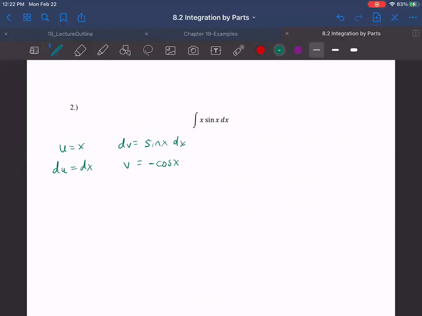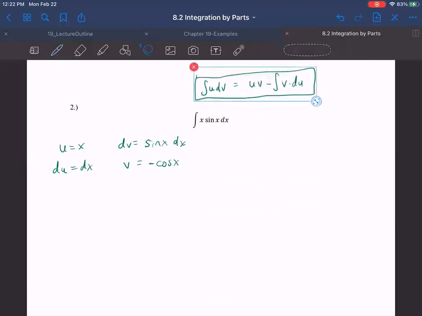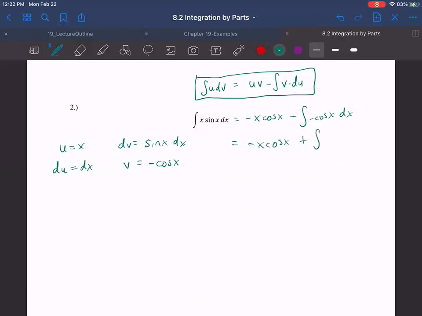Now I'll put the formula up here again. So we need u times v. And there we go: negative x cosine x plus the integral of cosine x dx.